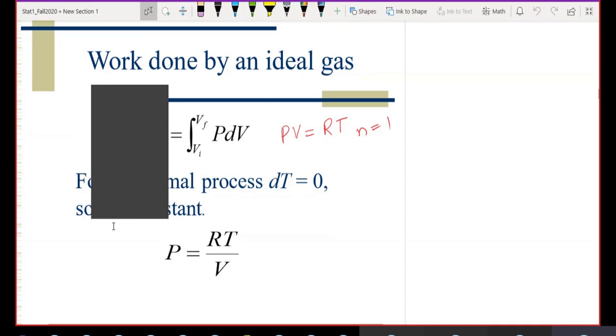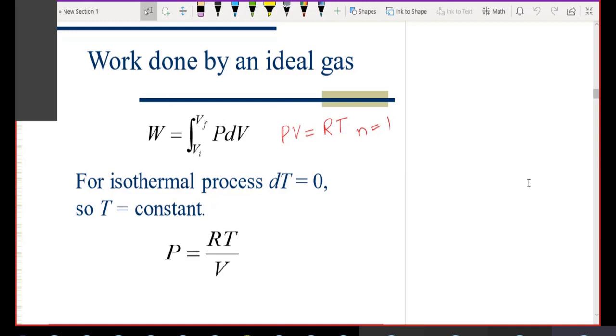Okay, just a moment. So we insert the value of P inside this equation, and when we do that, we will get work done equal to the integral from Vi to Vf of RT over V dV.